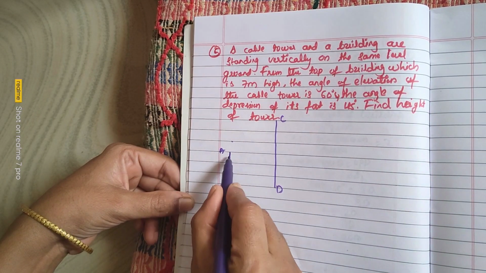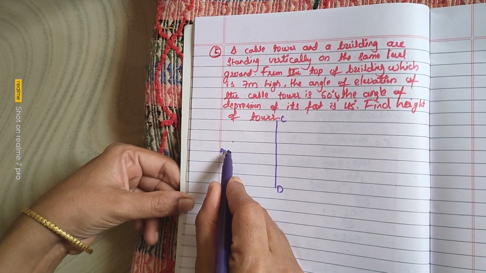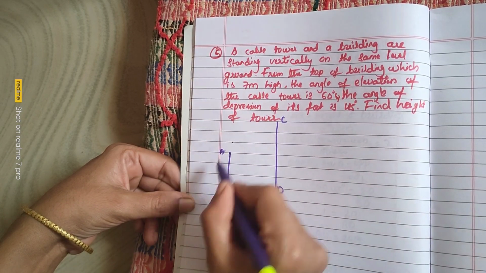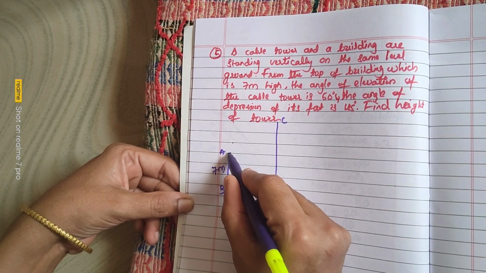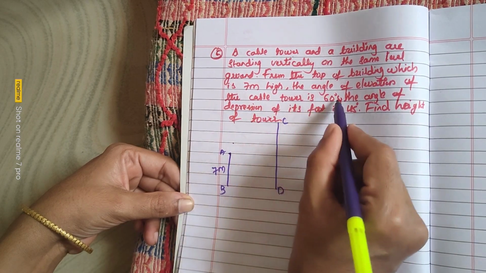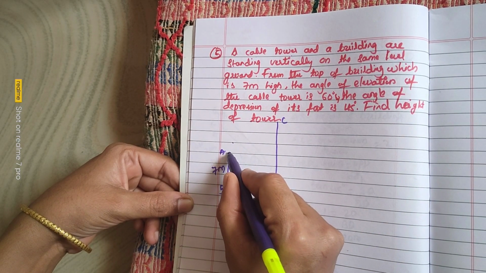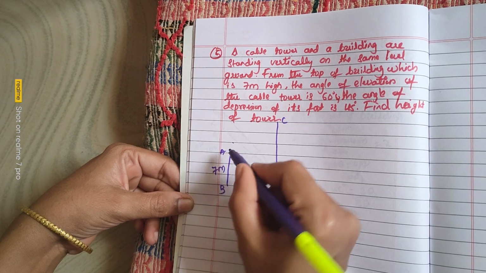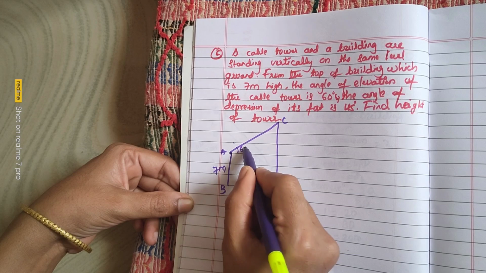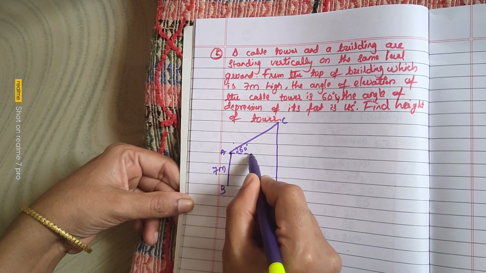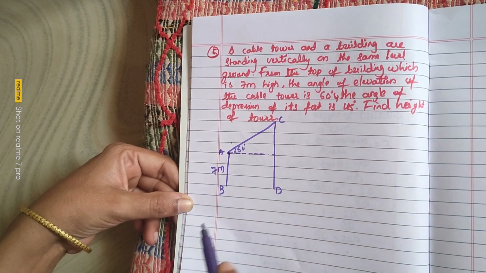From the top of the building, which is 7 meter high, the angle of elevation of the cable tower is 60 degree. I will draw a line of sight here. This is 60 degree.